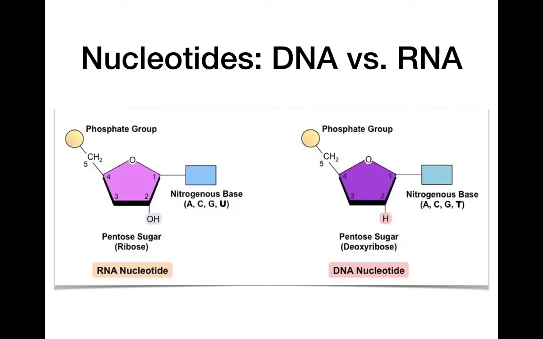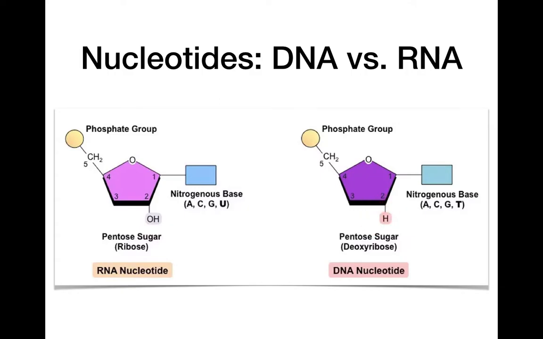Okay, so take a look here at these diagrams. Take a minute to pause the video and compare and contrast them with each other. So if you're noticing here, the big difference is that we have a ribose sugar here, which has an oxygen atom here, and a deoxyribose here, which doesn't have an oxygen atom.